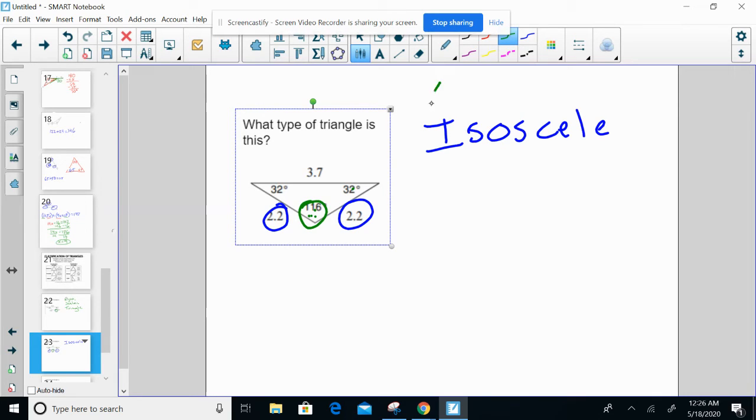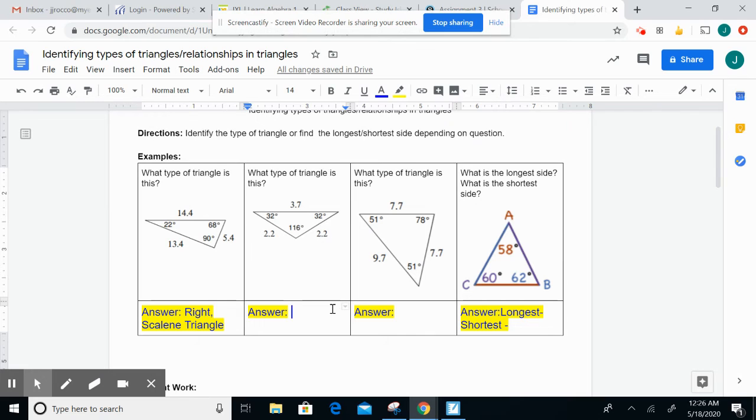So it is an obtuse isosceles triangle. You just got to look at the sides, decide what's happening there, and then look at the angles. So obtuse, one of them is bigger than 90 degrees, and it is isosceles.